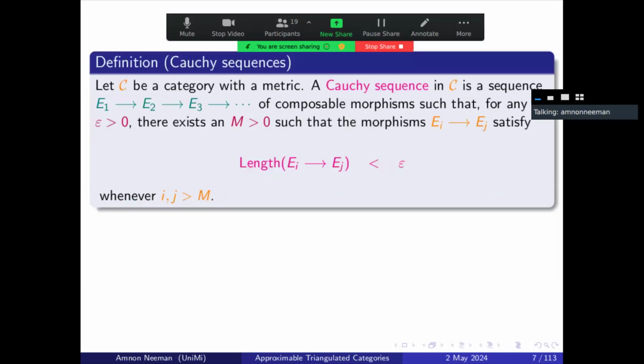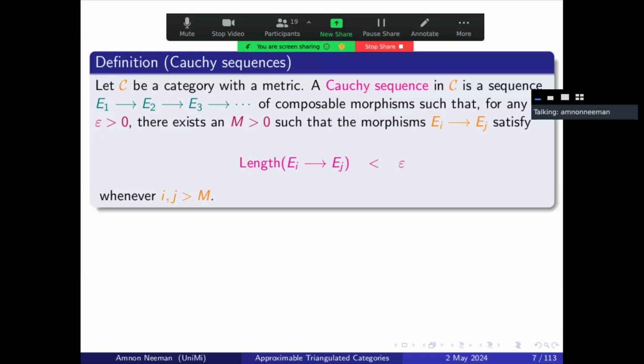The next idea is a Cauchy sequence. Again, this copies what you do in analysis, except that morphisms have directions. For a Cauchy sequence, they all have to point the same way, so for us they all point in the increasing direction. You define a sequence to be Cauchy if the lengths eventually get to be arbitrarily small.